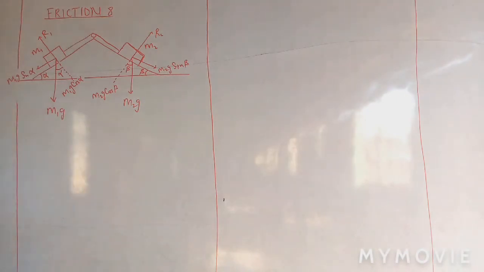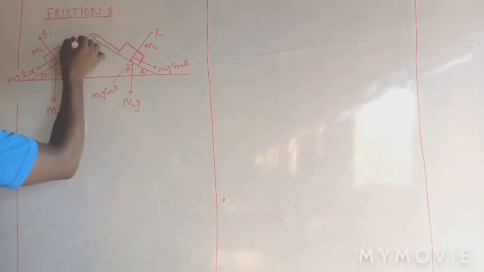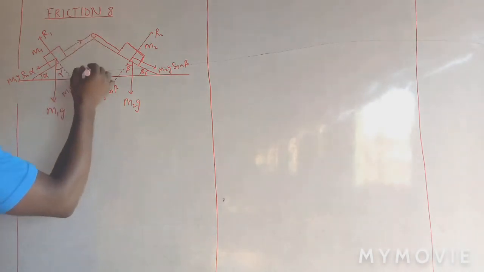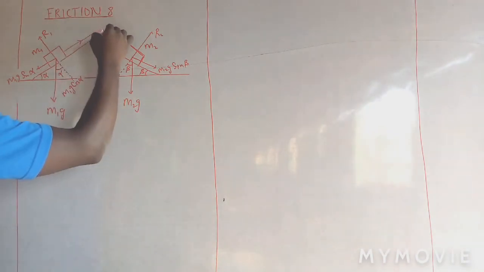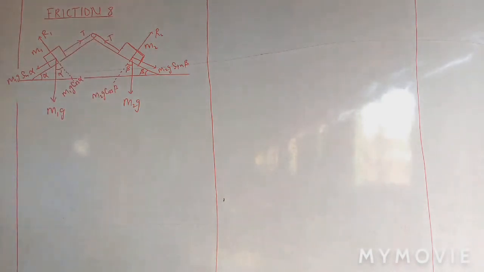Alright, these are the major forces acting on these two bodies. We shouldn't forget that we have tension T here. We also have tension T here. We have T here. Okay?